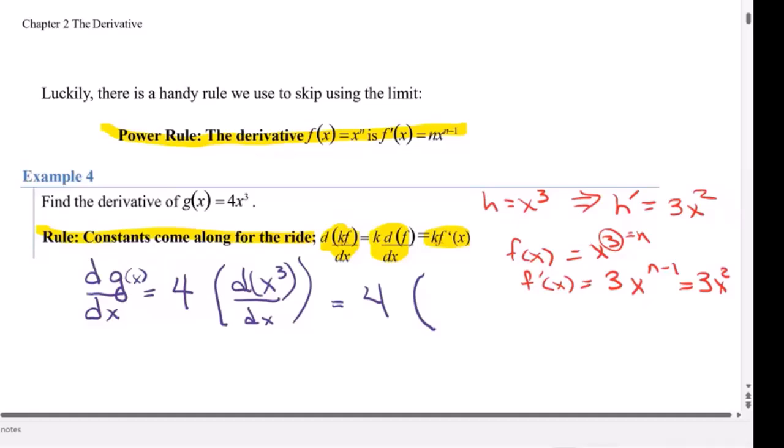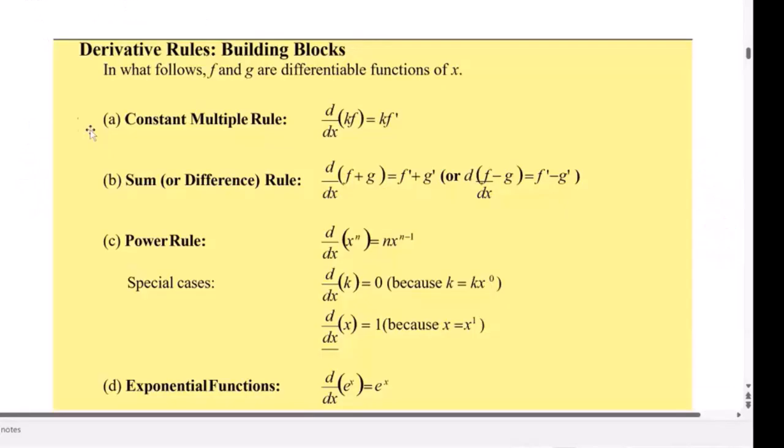Okay, so then I put that in here. The derivative of x cubed is 3x squared. We get 12x squared. And that's really all there is to it. Just always take the constants out. It'll save you a lot of worry and trouble.